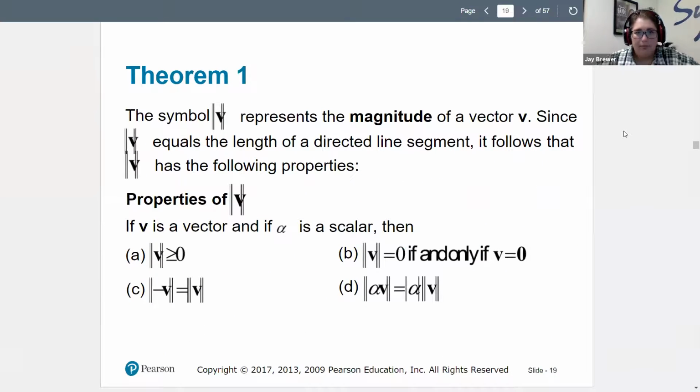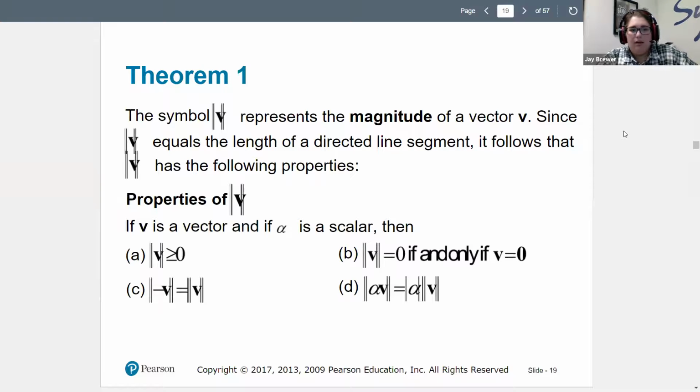Here's theorem 1. The symbol, which kind of looks like an absolute value but with 2 lines on either side, represents the magnitude of a vector. Since the magnitude equals the length of a directed line, it follows that the magnitude has the following properties. If v is a vector and if alpha is a scalar, then the magnitude is greater than or equal to 0, and the magnitude equals 0 if and only if the vector equals 0.